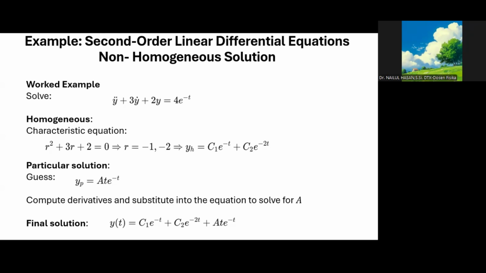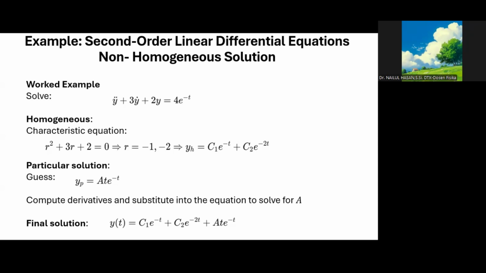And we can easily solve the quadratic equation here. R is minus 1 and R is minus 2. And then we can get homogeneous solutions because we have two distinct roots here.